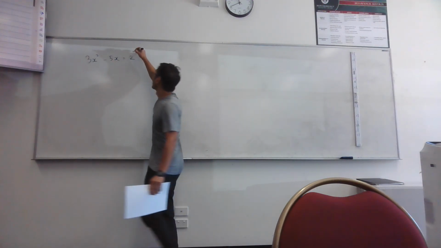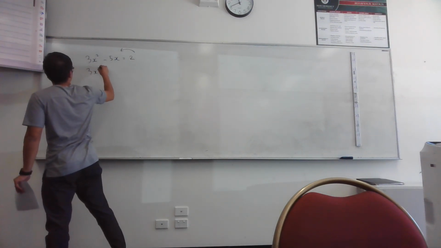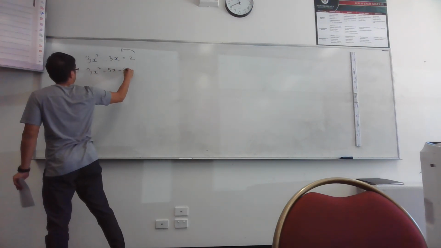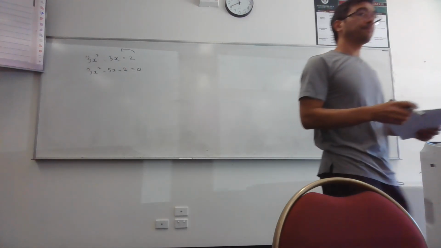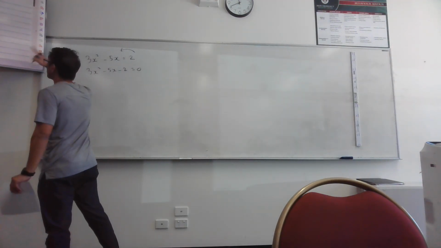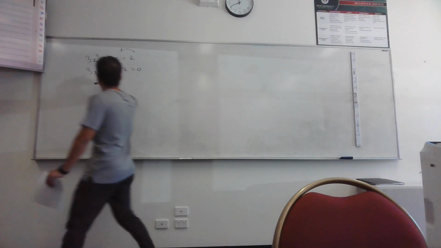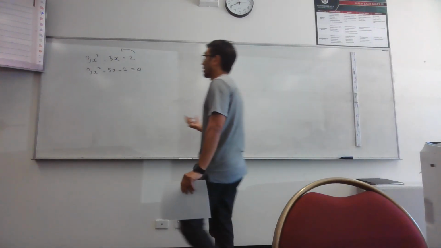We minus 2, take that over to the other side. Now the 0 appears. Now we want to solve. We want to find out what our x's are equal to. We put x's together, right?